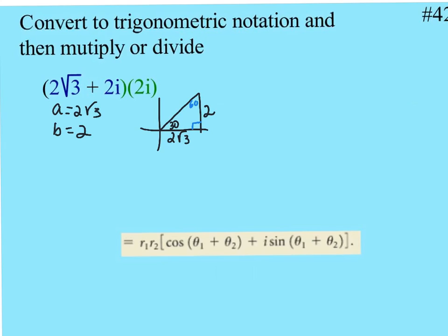So it will be twice as big as 2, also known as 4. So when I set this up in trig notation, I would have 4 times the cosine of 30 plus i sine of 30.